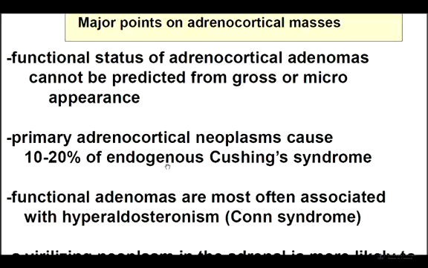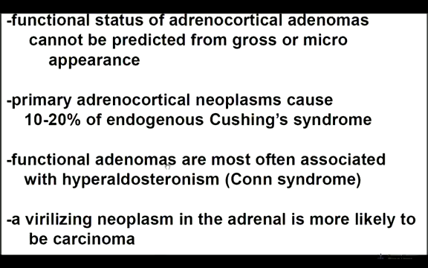Functional adenomas are most often associated, however, with hyperaldosteronism, which is known as Conn syndrome. So in the association in answer E, cortisol doesn't jive with Conn syndrome. Cushing syndrome is correct. A virilizing neoplasm in the adrenal is more likely to be carcinoma.